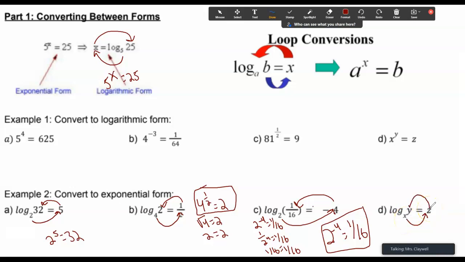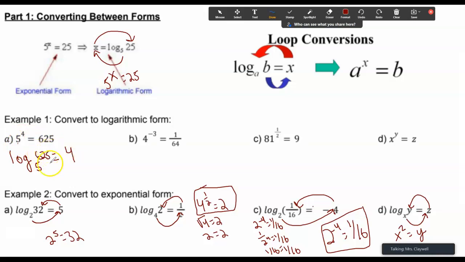So whatever our base is to our power equals our other side. So x to the z equals y. Here it wants us to convert to log form. So you're kind of thinking the opposite. This is going to be my base. Whatever my power is going to be on the other side.